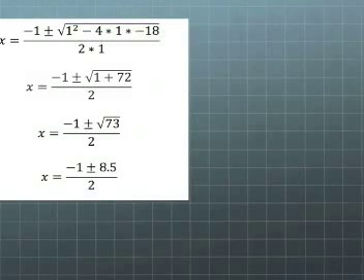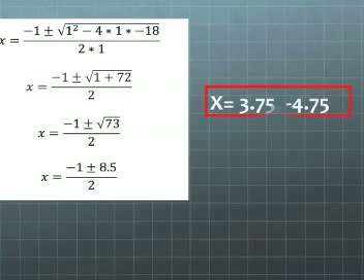So x equals negative 1 plus or minus the square root of 73 divided by 2, in which the square root of 73 is about 8.5. So x equals negative 1 plus or minus 8.5 divided by 2, which gives x equals 3.75 and x equals negative 4.75.